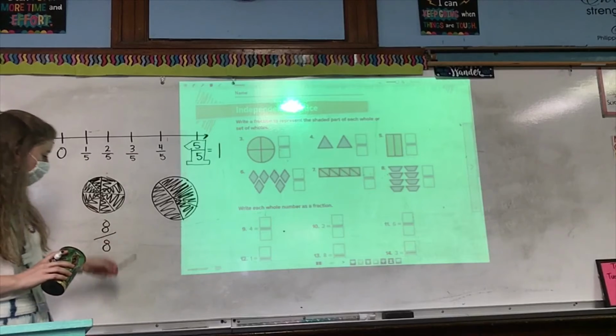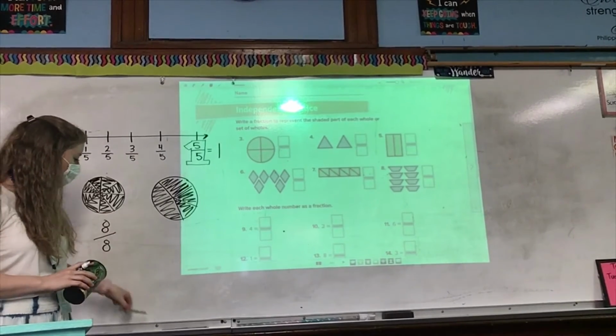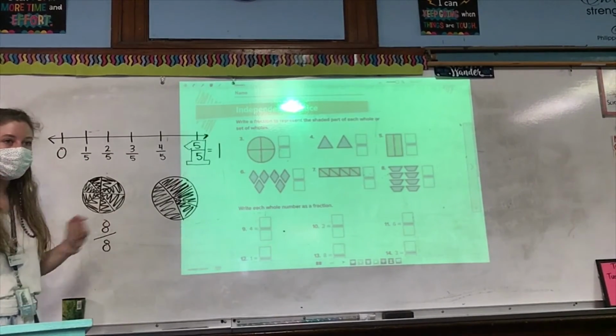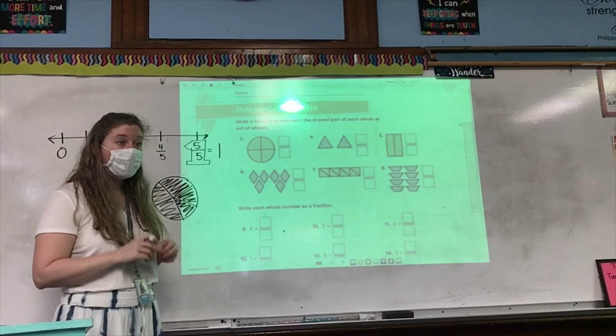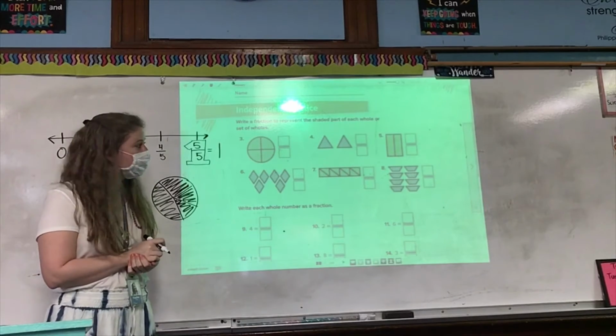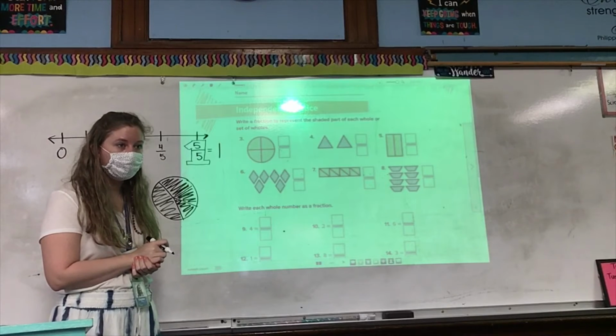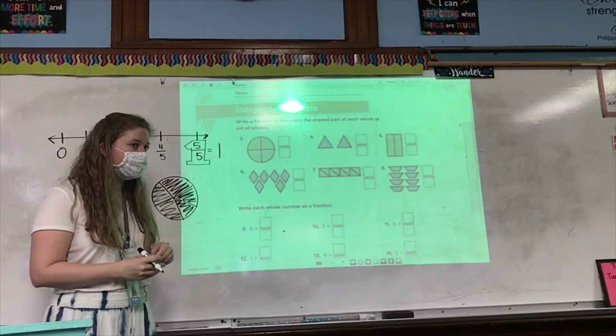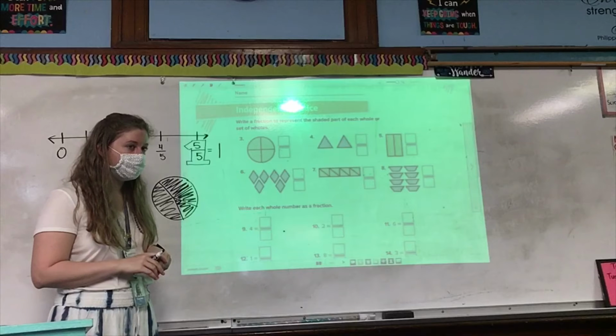So number 3, Michaela, what shape are we looking at? The circle. How many circles do we have in number 3? 1. So are we going to look at the first key concept or the second key concept?